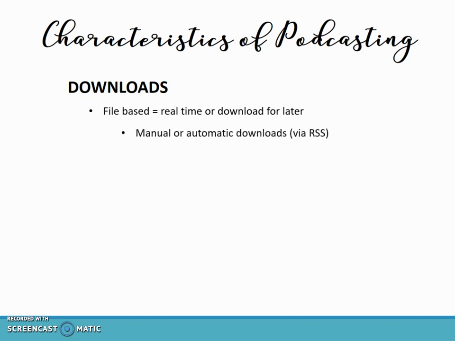You can subscribe to a particular podcast RSS feed. Podcasting uses RSS technology, and when we talk about RSS, what that stands for is really simple syndication. And this technology is what allows a listener to either listen at will or to subscribe to certain podcasts, so that they automatically get those feeds as they become available.